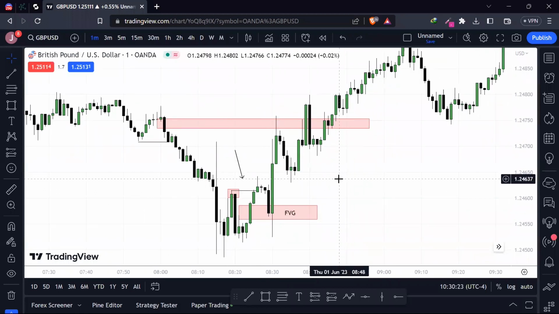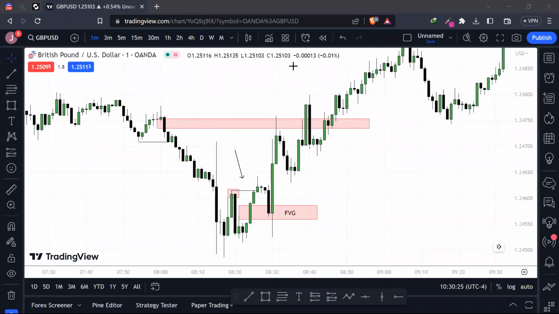So if you guys understand what a fair value gap is, type in the chat that you understood fair value gaps, or if I need to explain more. Did you guys understand the concept of fair value gaps?